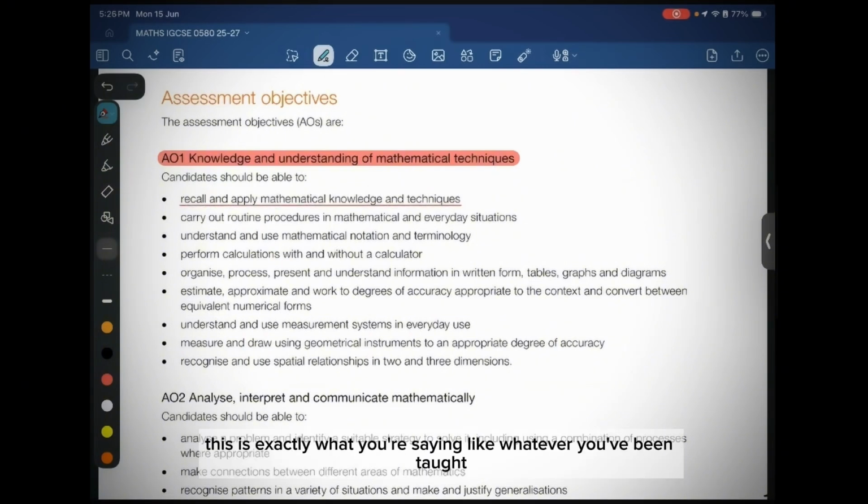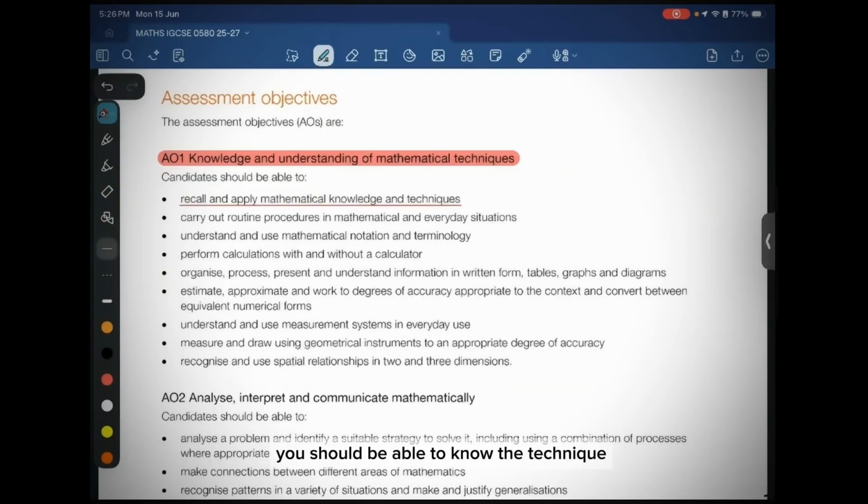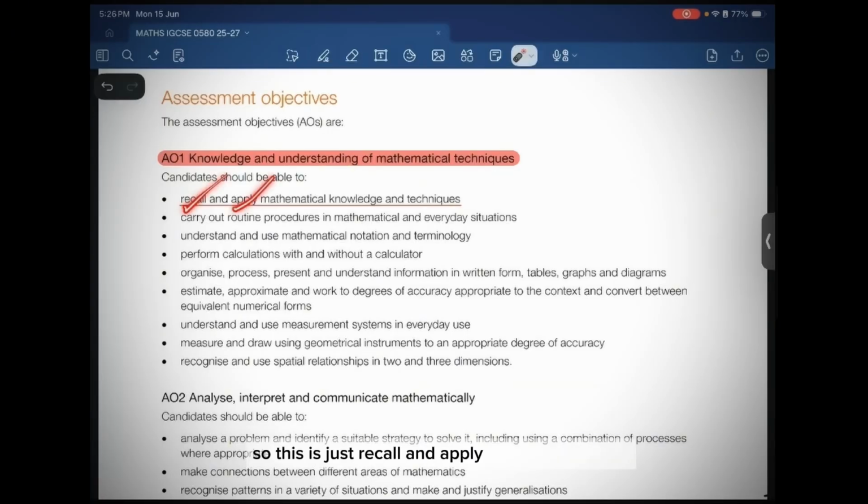Whatever you've been taught, you should be able to know the technique. You should have knowledge of it. And on top of that, there should be some profound understanding of that particular technique in order to apply it successfully. Clear, Bisma?